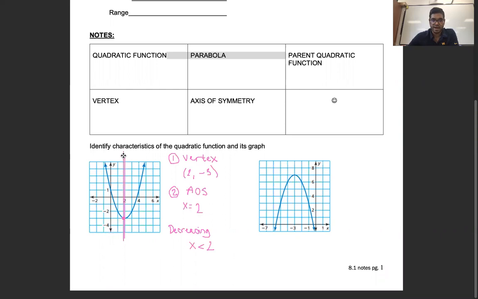Then once you hit the axis of symmetry, it starts to increase. So this is decreasing when x is less than 2, and likewise, it's increasing when x is greater than 2.